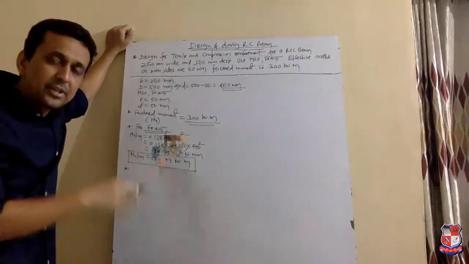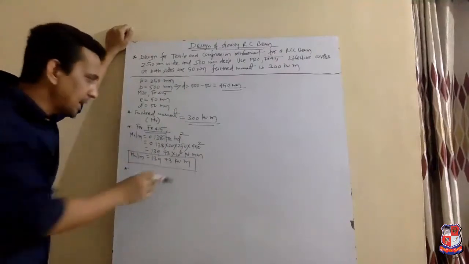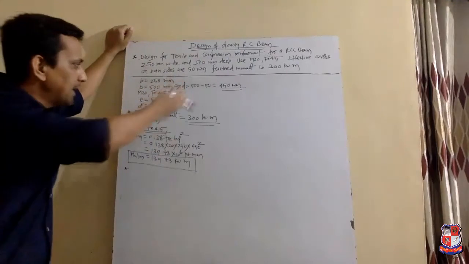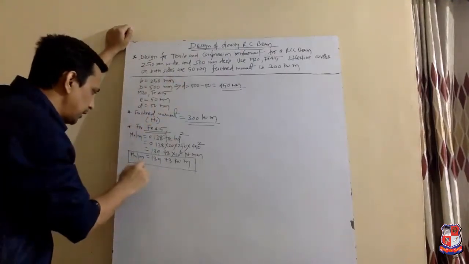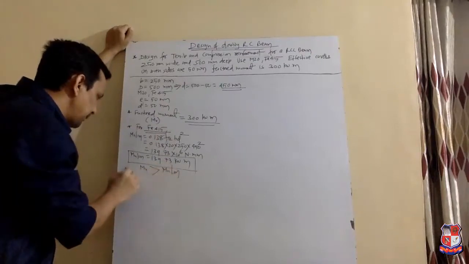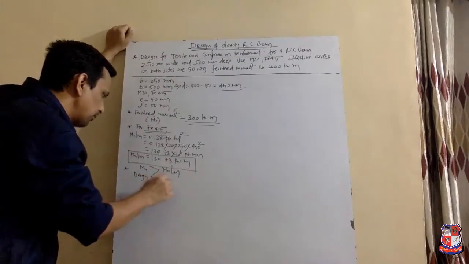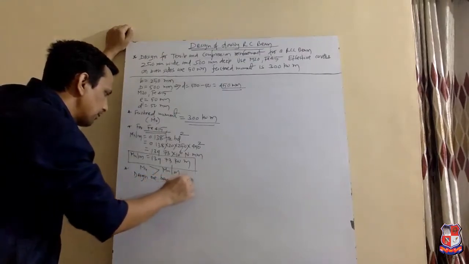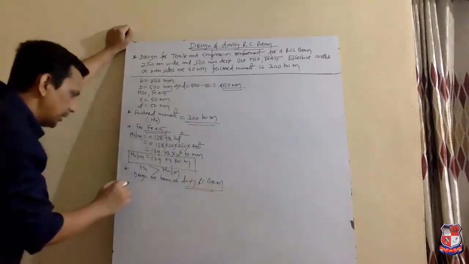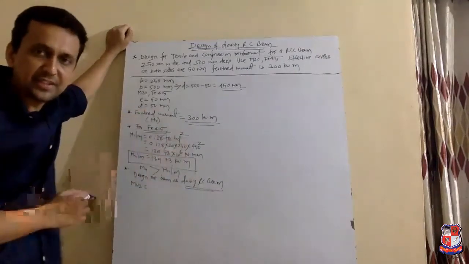Why? Because for singly reinforced balanced sections, the maximum moment carrying capacity is 139.73 and the moment acting is 300 kilonewton meter. So Mu is greater than Mu lim. Therefore, design the beam as WRC beam. So the next step is how much extra moment is acting here.